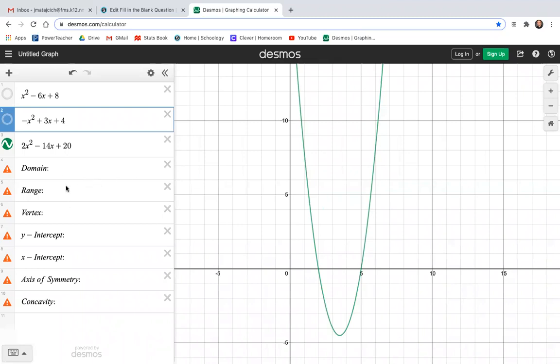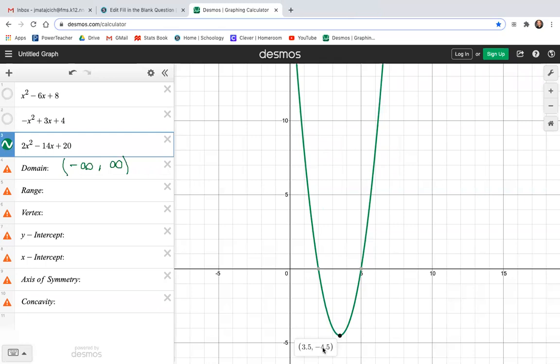So the domain, again, is all real numbers, negative infinity up to positive infinity. The x values can be anything. The range, let's get where our y value is at. It's at -4.5. Okay, so the range, I'll just do it the easy way this time.